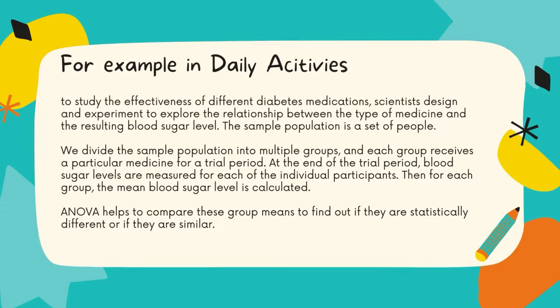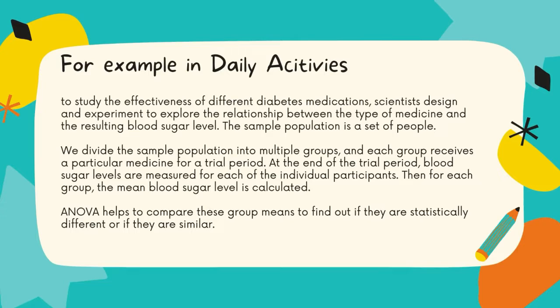We divide the sample population into multiple groups, and each group receives a particular medicine for a trial period. At the end of the trial period, blood sugar levels are measured for each of the individual participants. Then for each group, the mean blood sugar level is calculated.